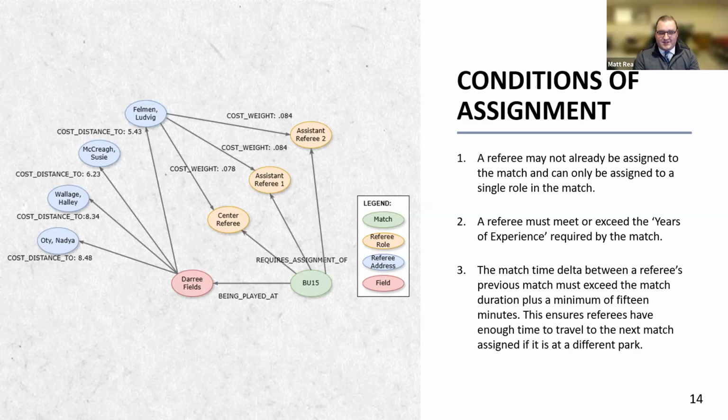Yes, his cost weight for the center referee here is less, which is primarily going to be the most optimal assignment for him. He could have another assistant referee role that's less than that on another match. So we can use these relationships and define them to identify the lowest cost weight for that referee. And as long as he passes the conditions of assignment that are outlined here, we're able to effectively assign them that match.